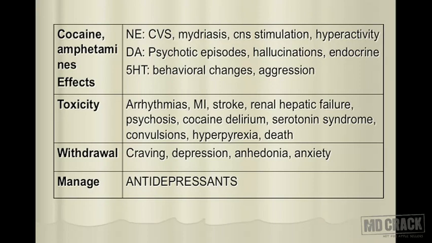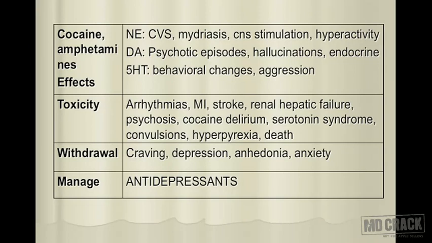The toxicity of cocaine, amphetamine manifests in the form of cardiac arrhythmias because it's going to be cardiac stimulant. There can be precipitation of myocardial infarction, precipitation of stroke. There may be renal or hepatic failure if the dose which was taken was very high. The symptoms include psychotic symptoms. The cocaine delirium is a very typical phenomenon with altered level of consciousness.